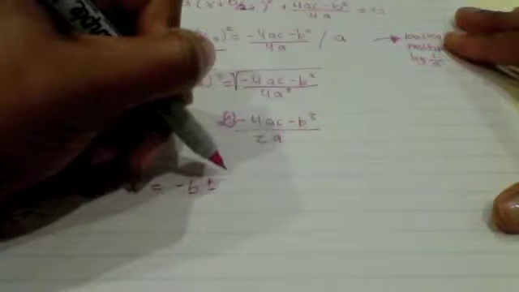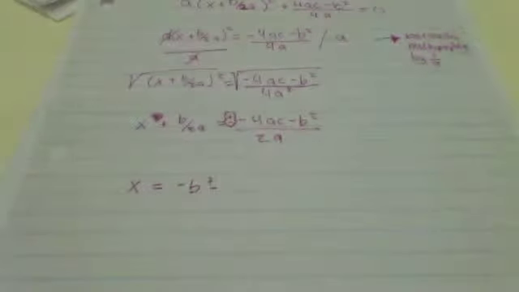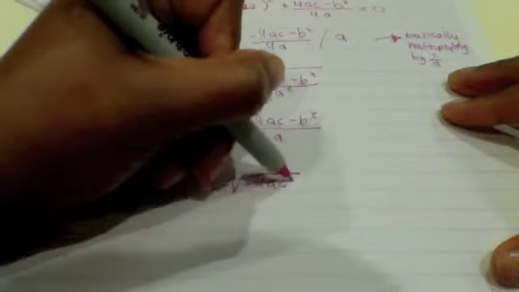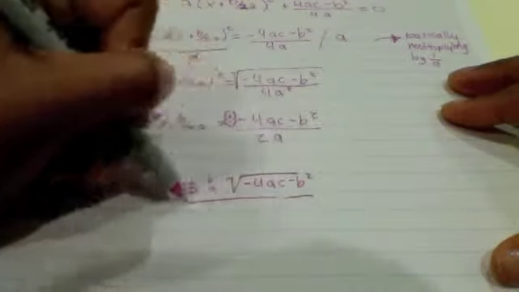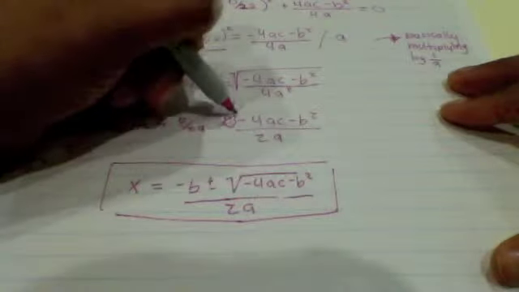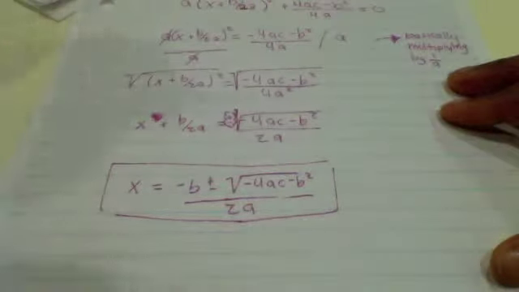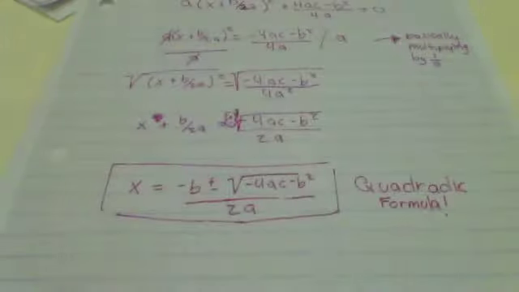Our next step is going to be to subtract both sides by b over 2a, which will give us x equals negative b plus or minus, because we've applied the square root sign, the square root of b squared minus 4ac over 2a. And we have the quadratic formula. Yay!